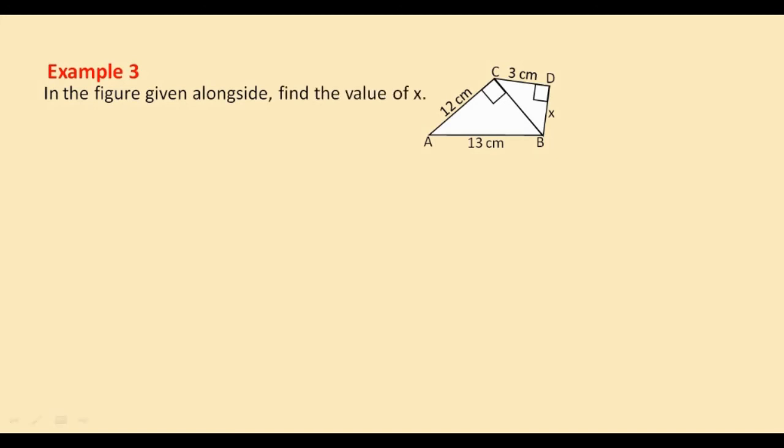In this figure, we have to find out the value of x. Here we have two right angle triangles. ABC is one right angle triangle and BCD is another right angle triangle. As we have to find out x, first of all, from this right angle triangle we find BC, and then we proceed to triangle BCD to find out x.